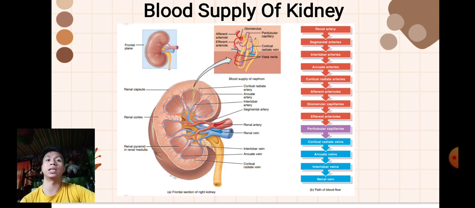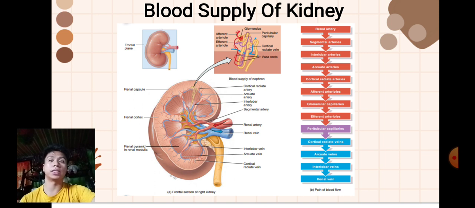As we all know, the kidney is composed of veins and artery vessels, and the blood leaves through a single renal vein that exits at the renal hilum and carries venous blood to the inferior vena cava. Okay, that's it.